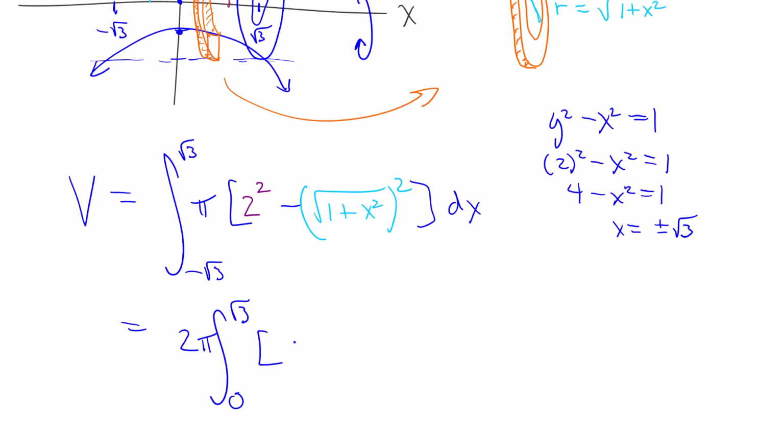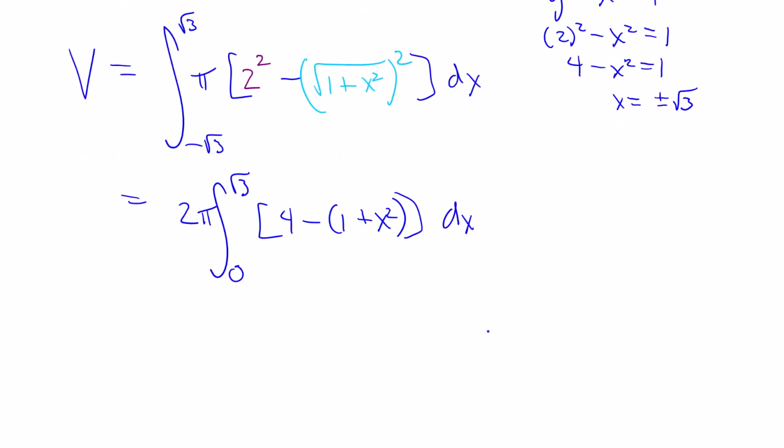And then you're really just integrating here 4 minus, if we square the square root, we have just 1 plus x squared. This is all dx. Okay, so the rest is history. You can combine some like terms. At this point, if you've stuck around this long in the video, you're ready to be done here.